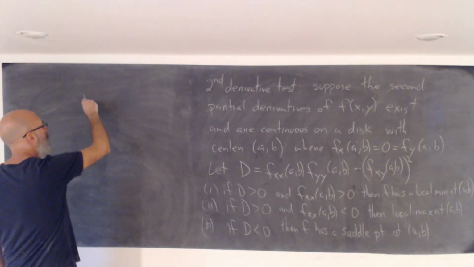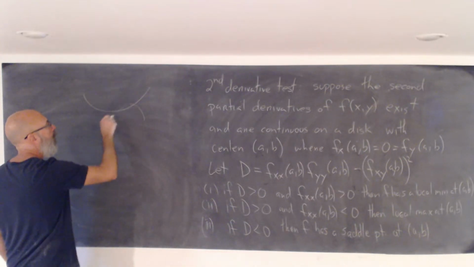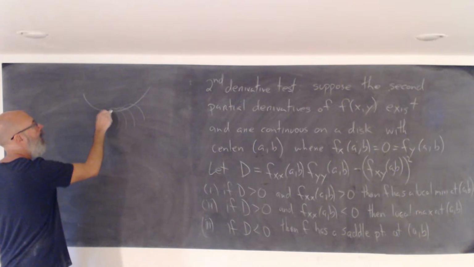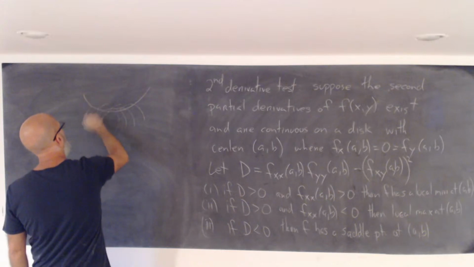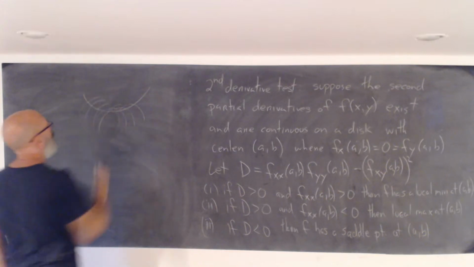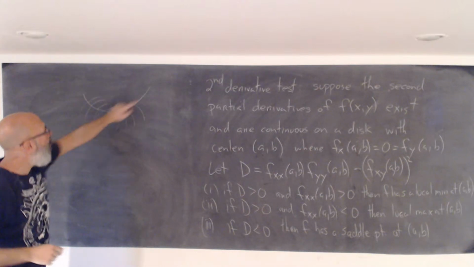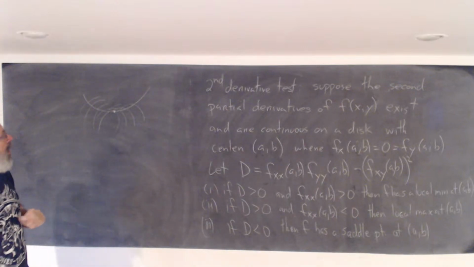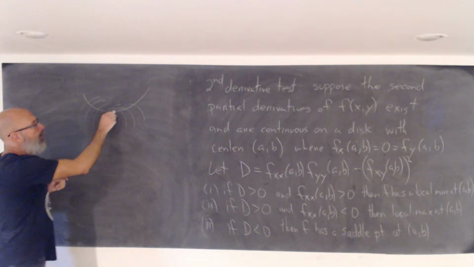Maybe it goes down like this, and then, you see in one direction, maybe in the y direction, you've got a minimum occurring here, but in the x direction, it's actually a maximum.